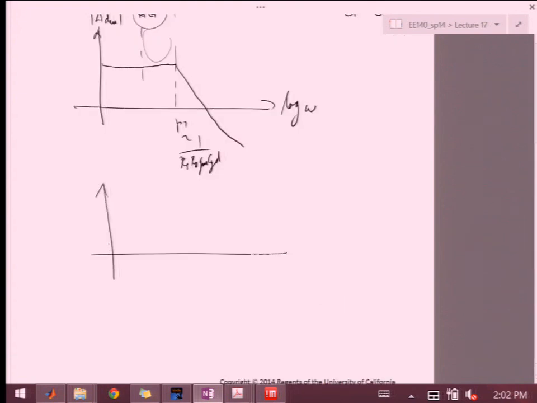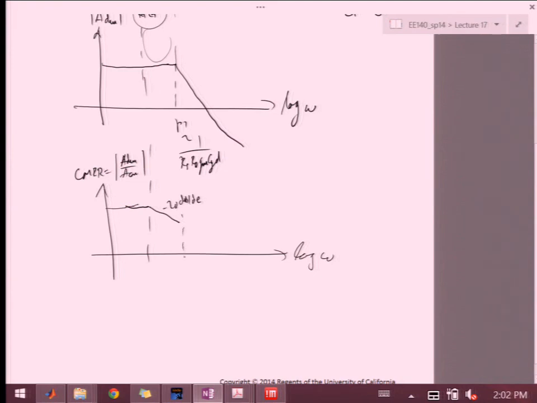So if you take a look at the common mode rejection ratio, which is ADM over ACM, then you start getting something where we're pretty good up until this point over here. And then we start getting minus 20.